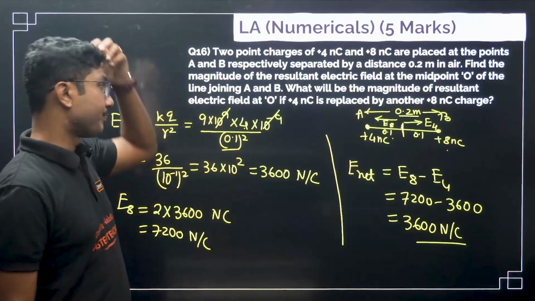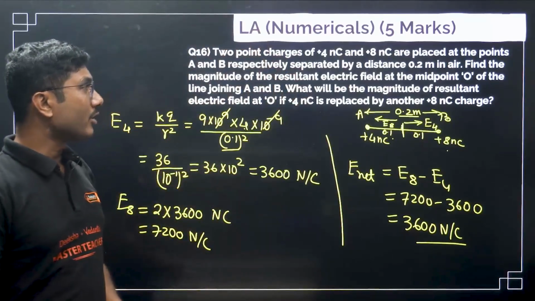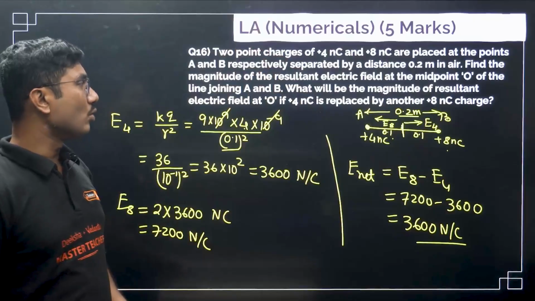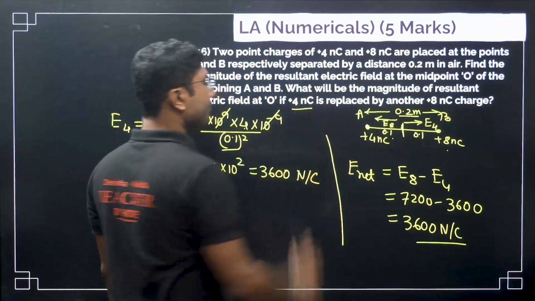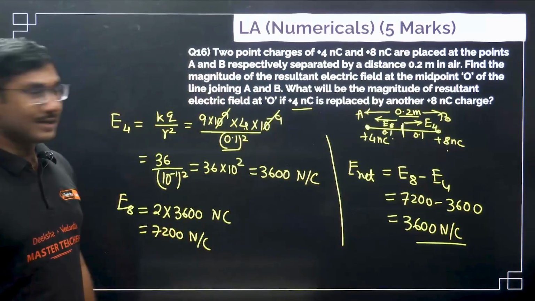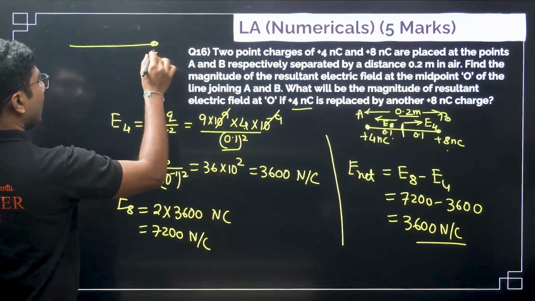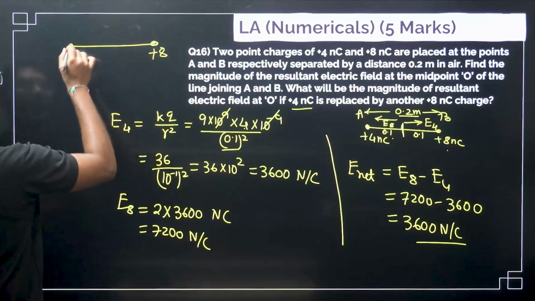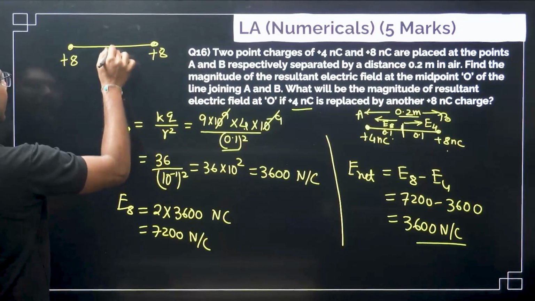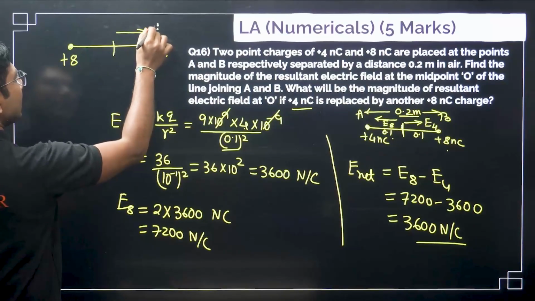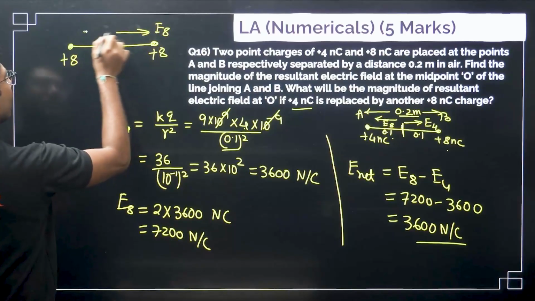Now one more thing, what will be the magnitude of the resultant electric field at O if plus 4 nanocoulomb is replaced by another 8 nanocoulomb charge? So here we have plus 8, here we have another plus 8, so at the midpoint the electric field due to this will be in one direction, and due to this in the opposite direction.